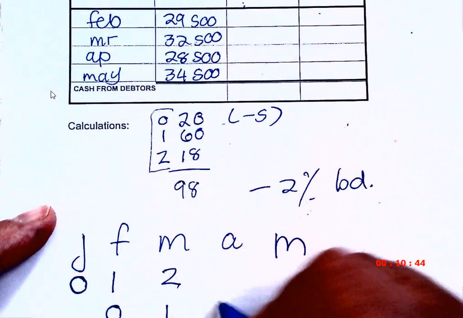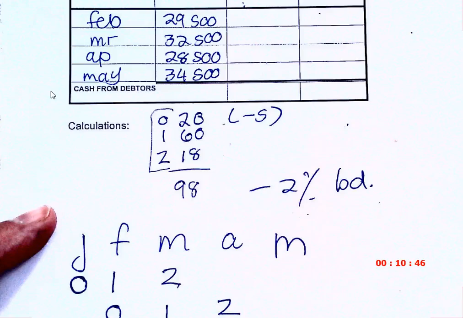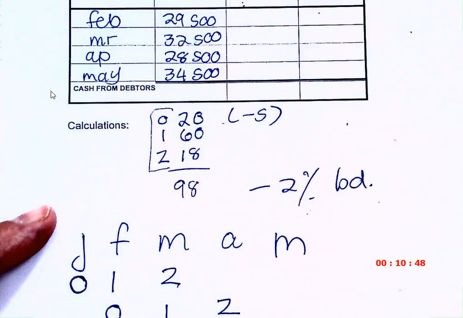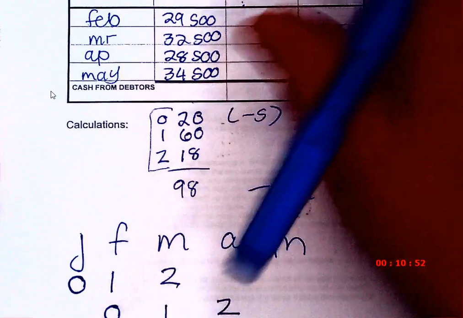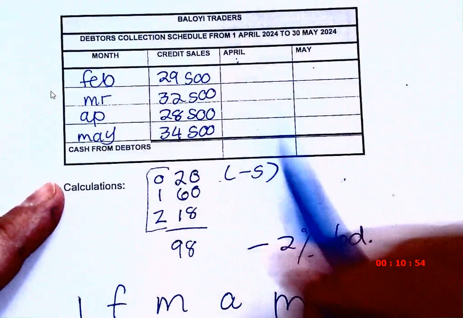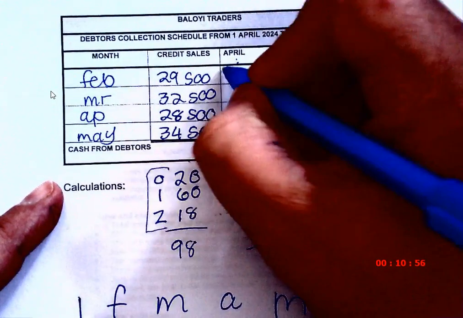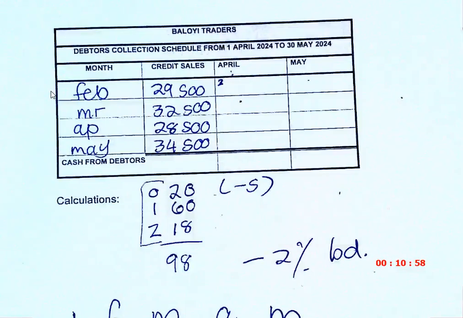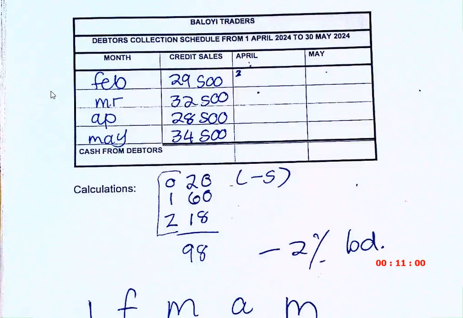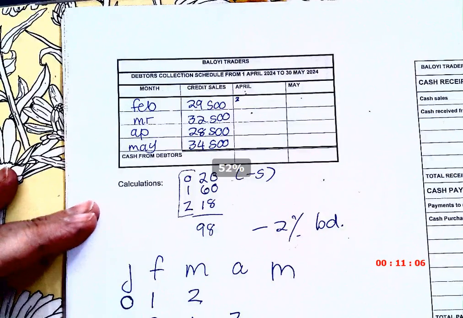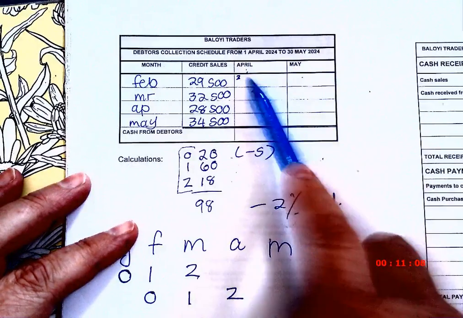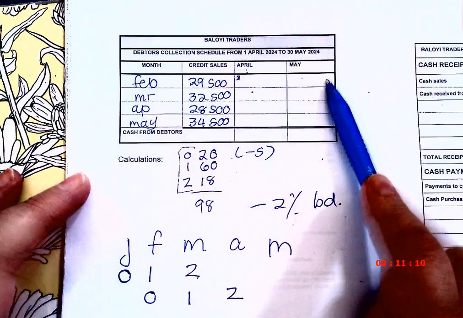March 1 month following. April 2 months following. Is everybody with me? So now in April, so I know April here is 2. Because January is not budgeted. Look, if you look here, you will see we are budgeting April and May.